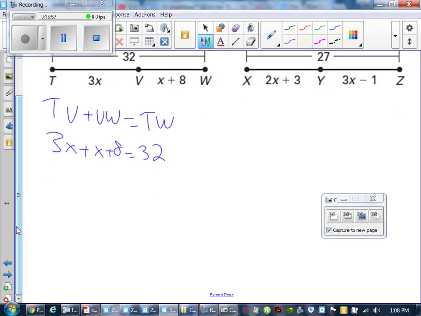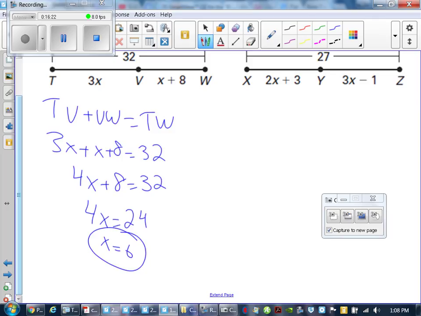So 3x and 1x is 4x. Ladies and gentlemen, subtract the 8, you get 24. What's x then? 6. Take that value of 6. 6 and 8 is 14. There you go.